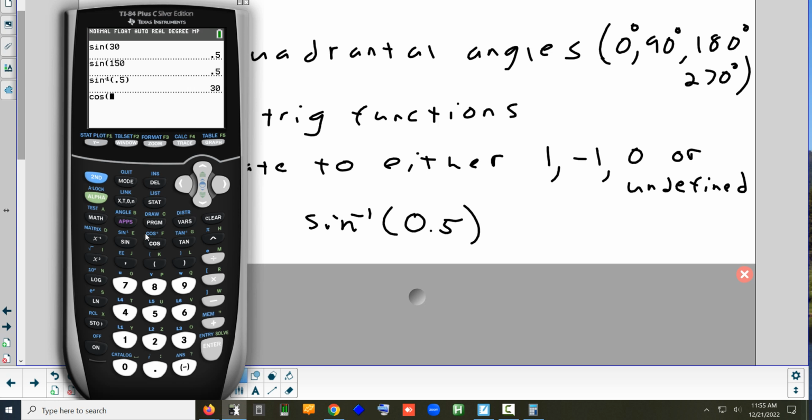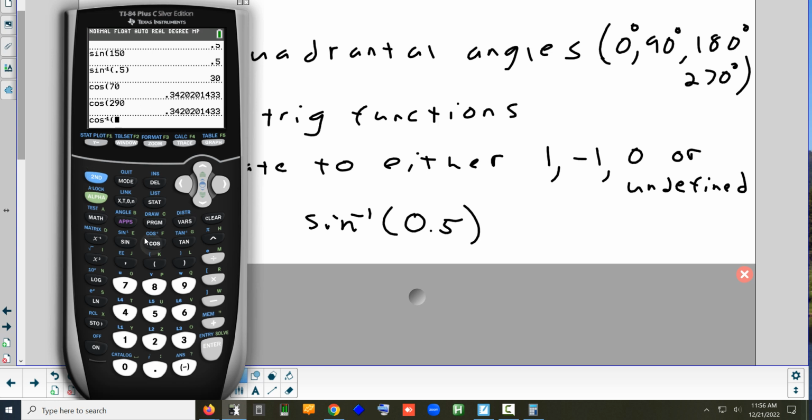Now, if I did, say, cosine of 70, I get that. Now, I could also do 360 minus 70. I could do the cosine of, and if I did my math right, 290 comes out exactly the same.